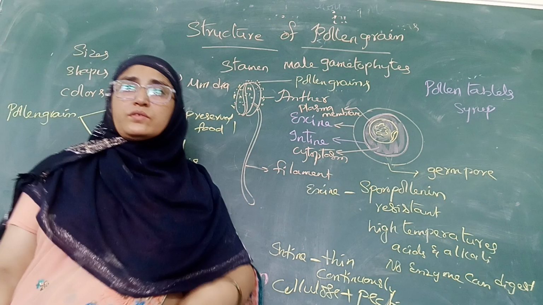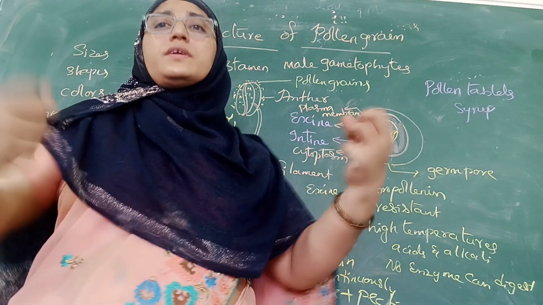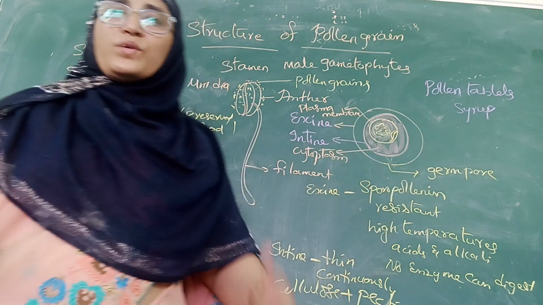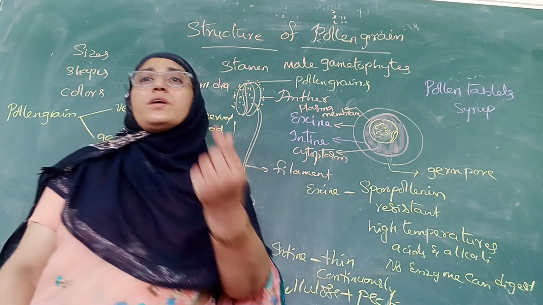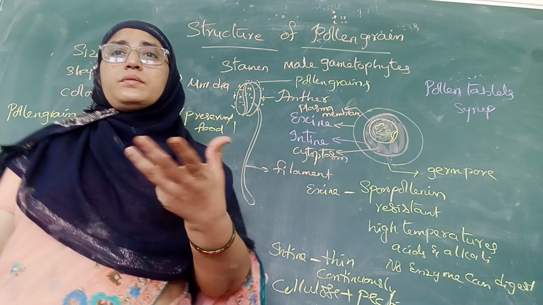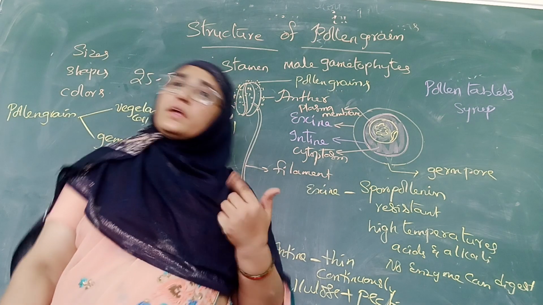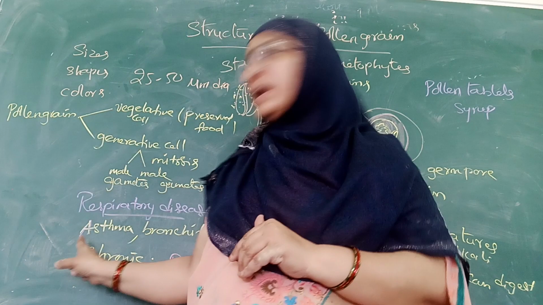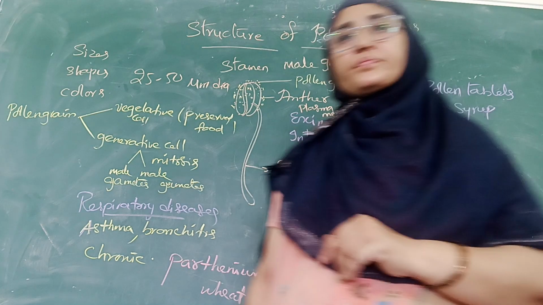Athletes and race horses consume these to increase their performance. Understood? So pollen also has a good use, as food supplements, even though it also has bad effects, like causing respiratory diseases.